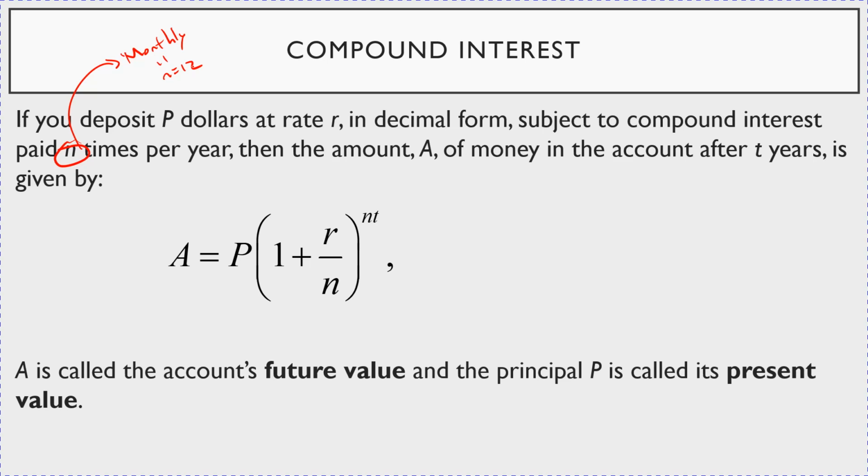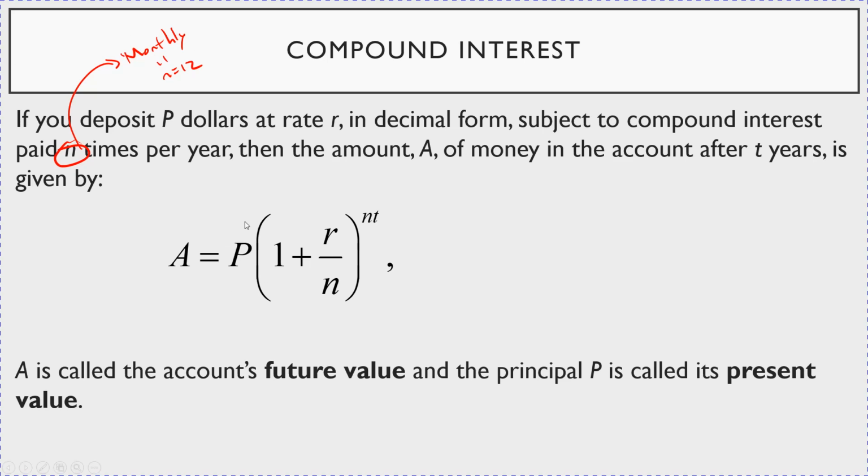Then the amount A of money in the account after T years is given by this formula: A equals P times (1 plus R divided by N) raised to the N times T power. Here, A is called the future value, and the principal P is called the present value. So in today's dollars, or think of it as the starting value.